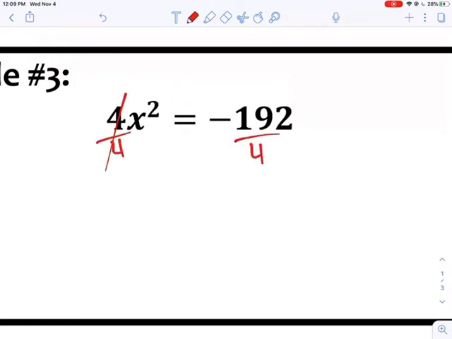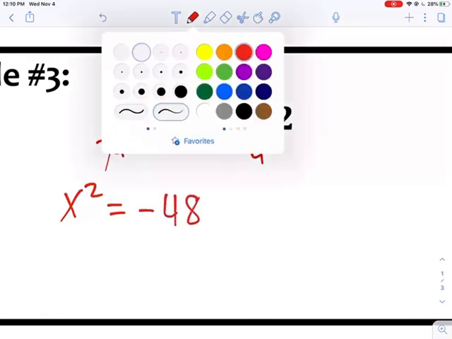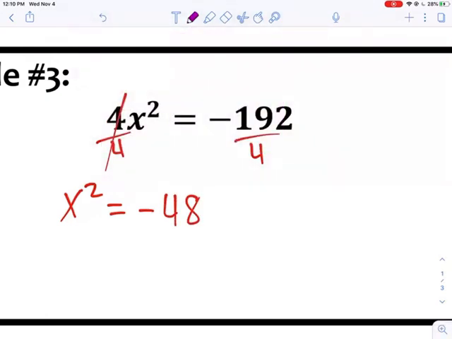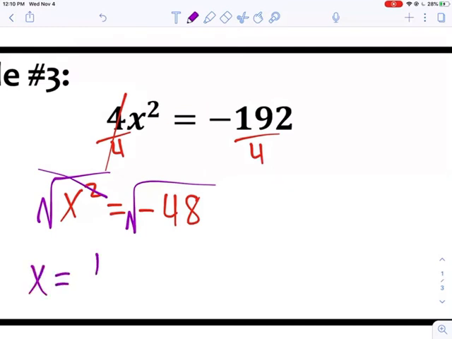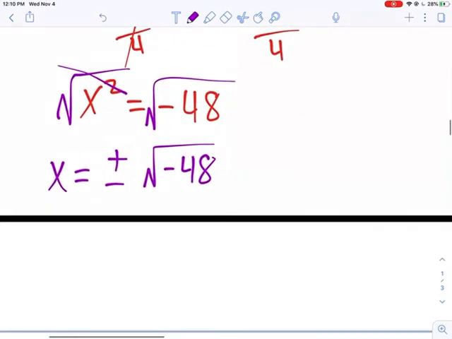So I'm going to start with dividing 4, and then I'll have x squared equals negative 48. And if I want to undo a squared, I have to square root it. That's going to undo their opposite, which means I have to square root this. So that's going to tell us x is equal to a positive and a negative square root of negative 48. Well, we just practiced a couple lessons ago how to break that down, so we're going to do it.